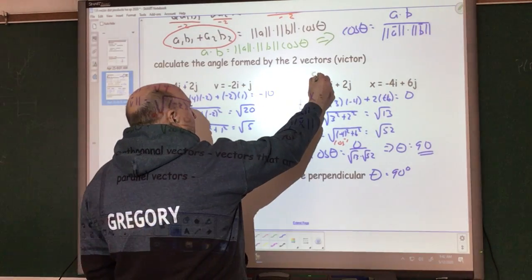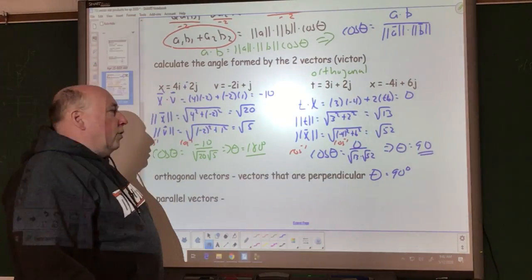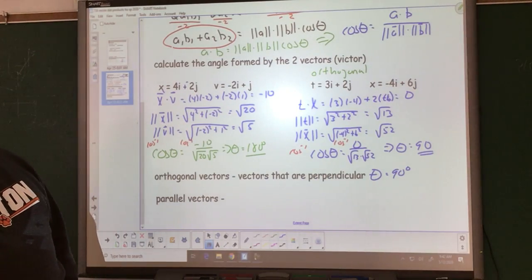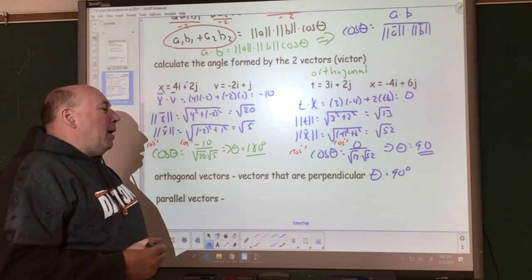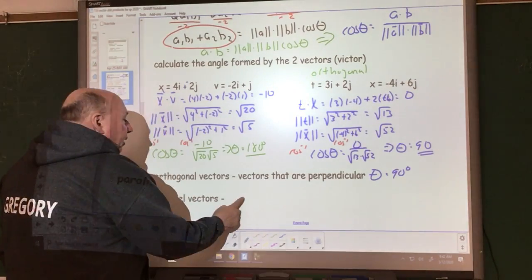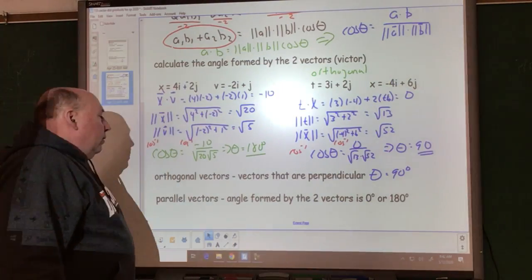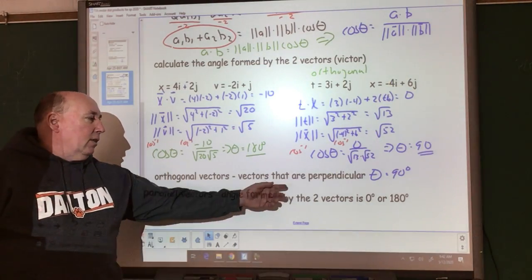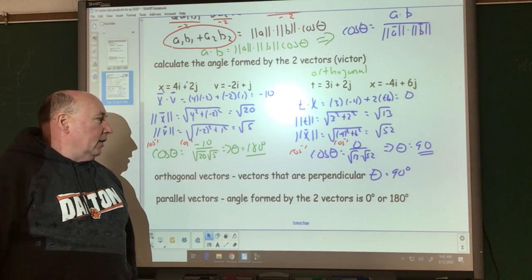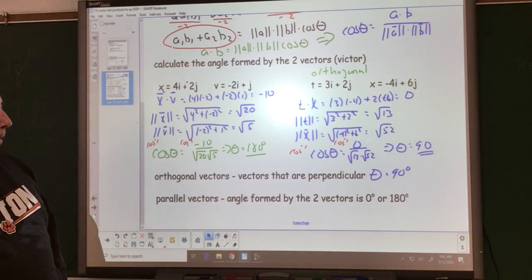These are orthogonal, and this will occur when the dot product is equal to 0. We have parallel vectors, when the angle formed by the two vectors is either 0 or 180 degrees. And these would be parallel vectors.